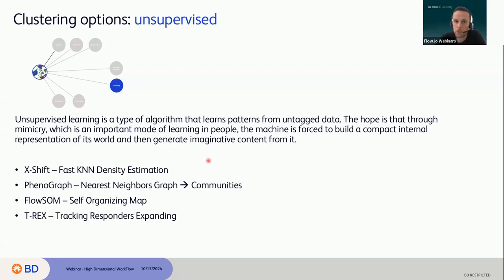We have four unsupervised clustering algorithms available in FlowJo. We have XShift, Phenograph, FlowSOM, and T-REX. And today we're going to focus only on XShift.